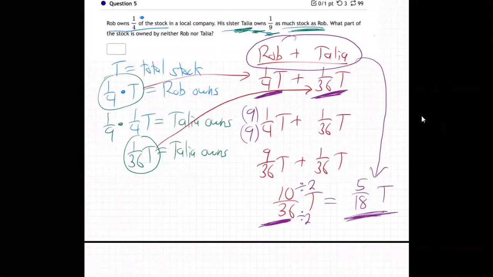So together, Rob and Talia added up, they own 5/18 times the total stock in the company. Now, what do they want? What's the question again? The question is, what part of the stock is owned by neither Rob nor Talia?